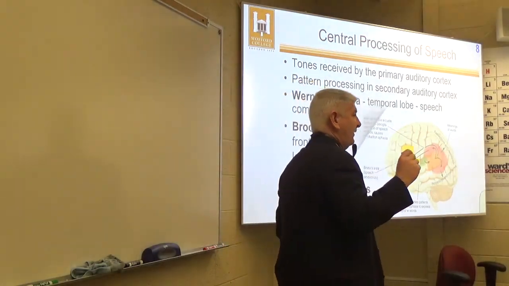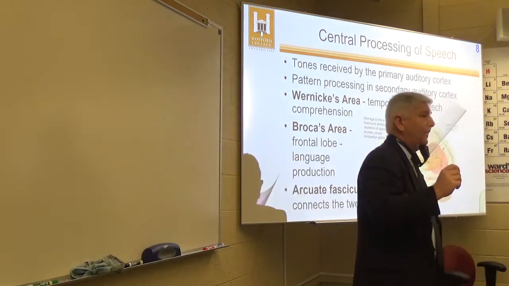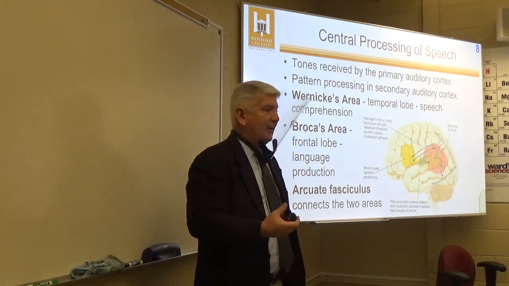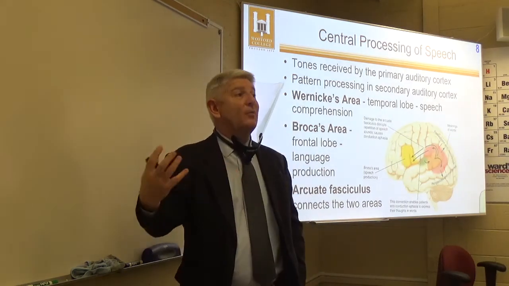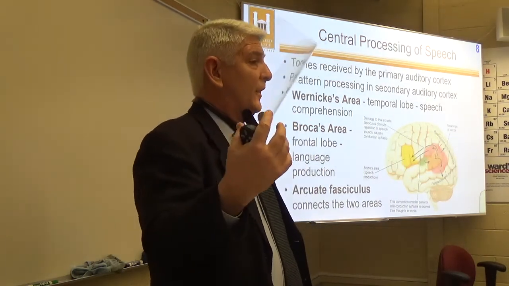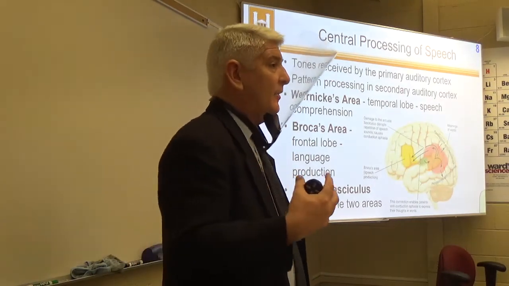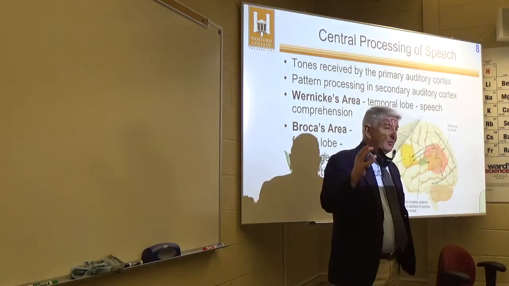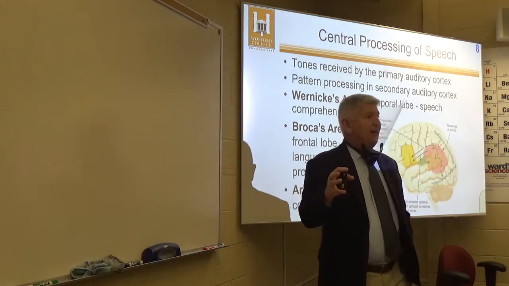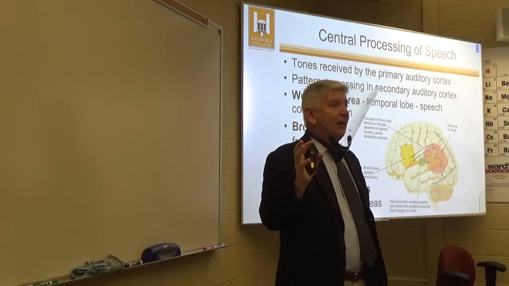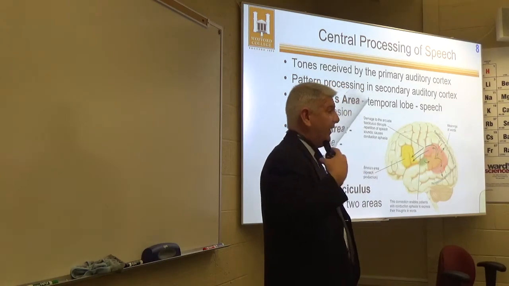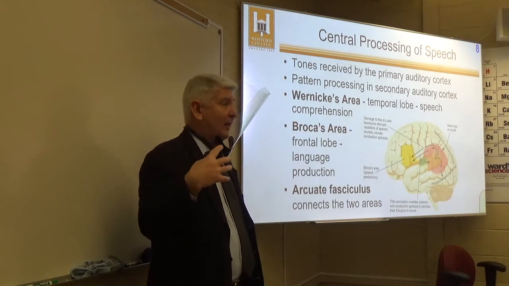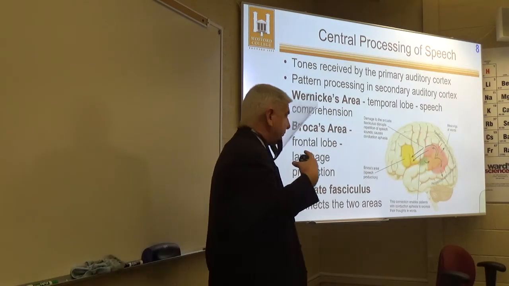If you're left-handed and you're writing with your left hand, then that's having to go from Broca's area in the left hemisphere over to the right hemisphere in order to get your language production. And people that are left-handed tend to have about a 10% bigger corpus callosum. We think that that is because of the fact that that information is having to be shared between the two hemispheres more frequently than in right-handed individuals.